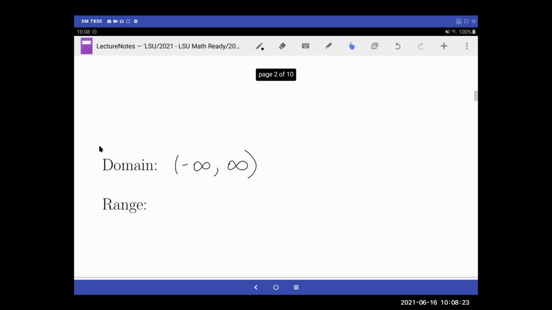Now, as far as the range, well, that just kind of depends on the graph, and it really depends on the degree. So the degree, by the way, is the highest exponent.